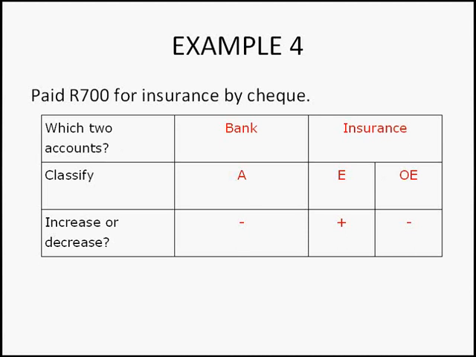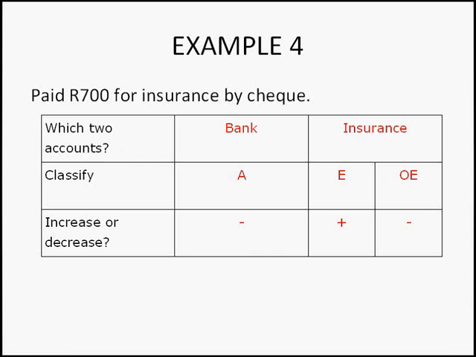Let's say I pay 700 Rand per month over a year, then at the end of the year I will have 700 times 12 in the insurance expense account. In January I pay 700 Rand, so in total I've paid 700 Rand for insurance. In February I pay another 700 Rand, so in total I have now spent 1,400 Rand on insurance.